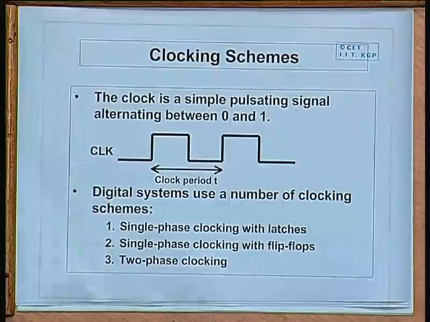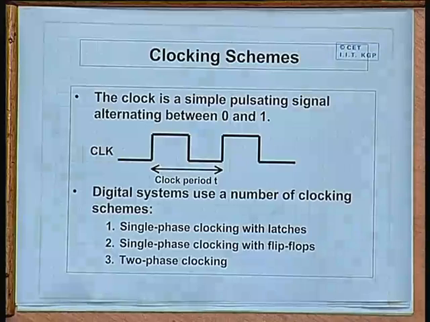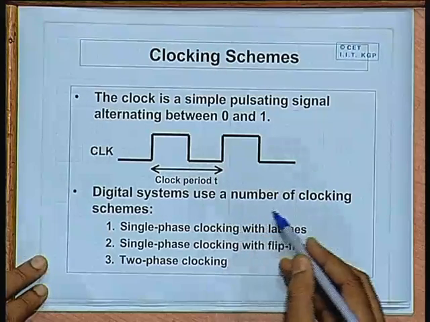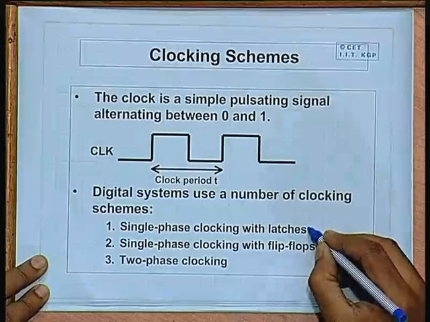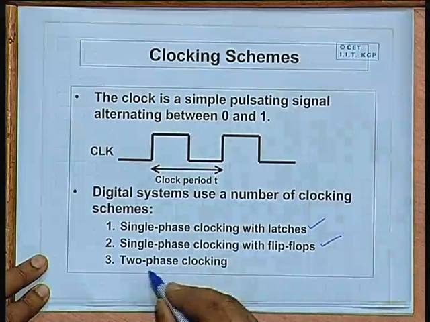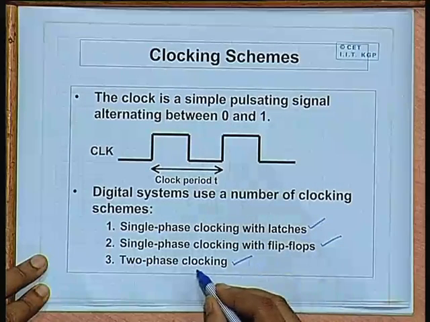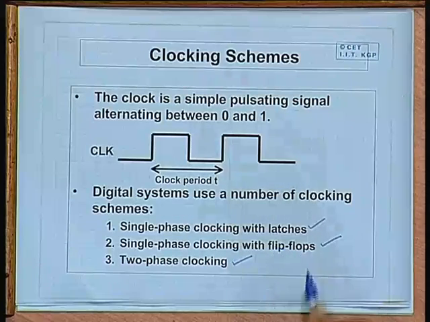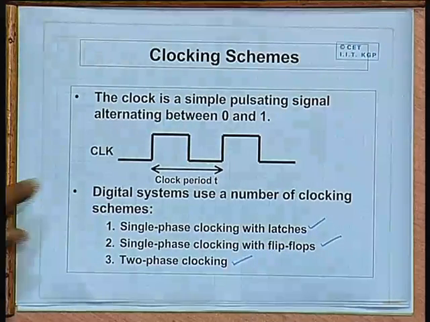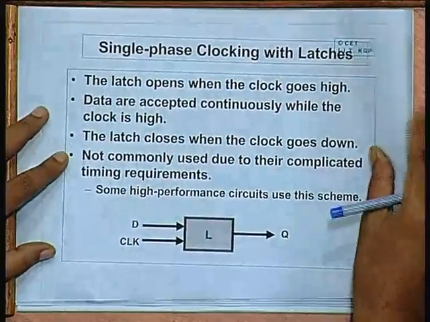Now, talking about the various clocking schemes, well, these are fairly simple things, you already know this, that you can have a number of different options. You can have single phase clocking with either latches or flip flops, or you can have multi phase clocking, typically 2 phase. Now, if you have single phase clocking with latches, the scenario is something like this.